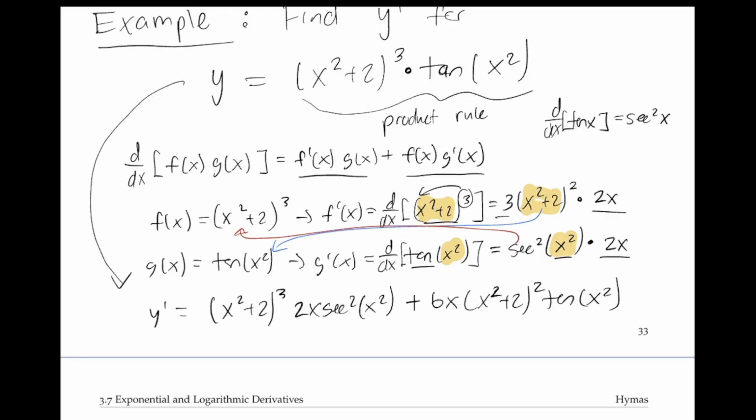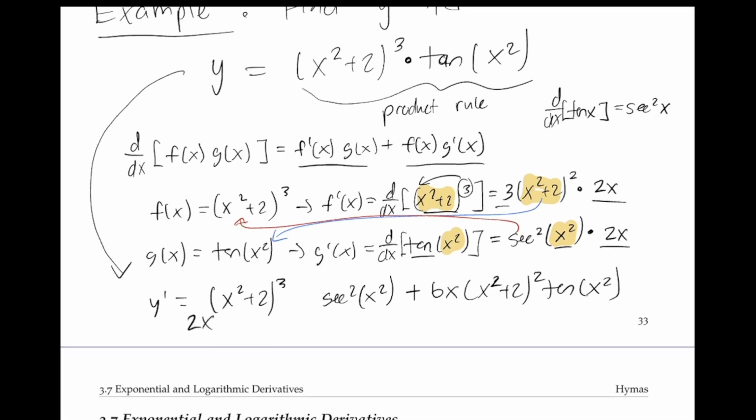Okay. Could we make this look a little nicer? So myself, I don't particularly like having this 2x between, so I would probably move that up front and then move this further over. Oops. See if I can try that again and not screw it up this time. I would personally rearrange this and put the 2x there, but it's really more of a preference thing. There's not much that can be done to simplify this.